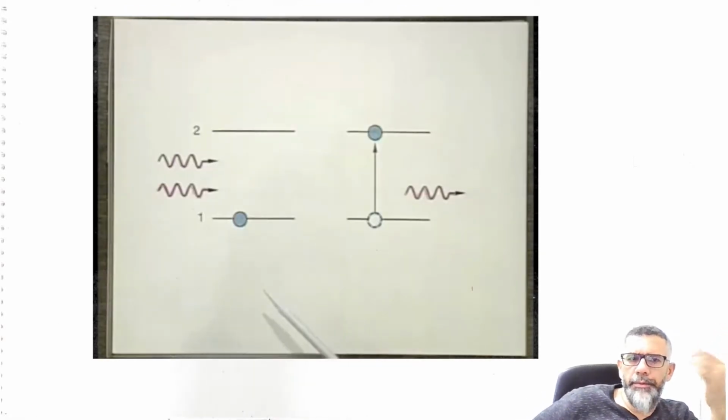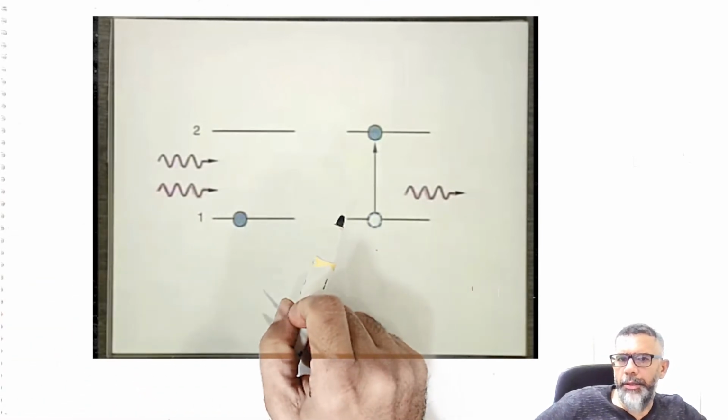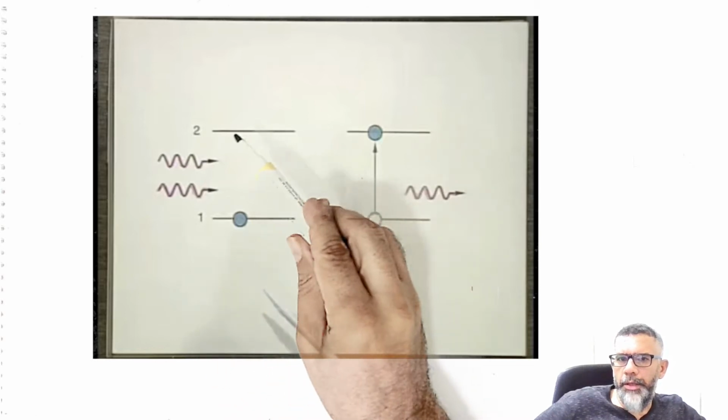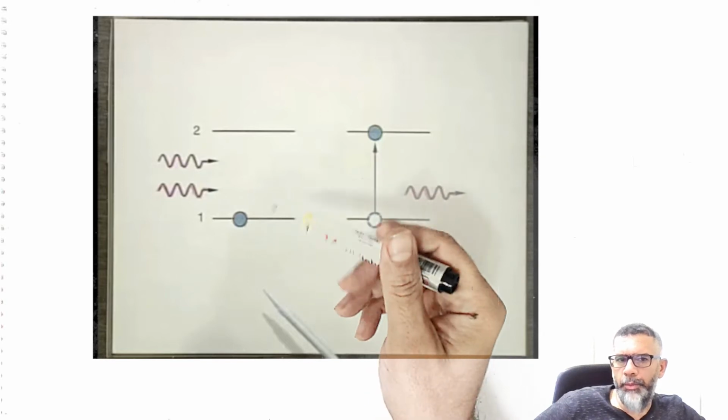So what happens, in fact, in the atomic picture, in the microscopic view? In the microscopic view, this picture represents, okay, these lines are representing the energy levels of an atom or a molecule.